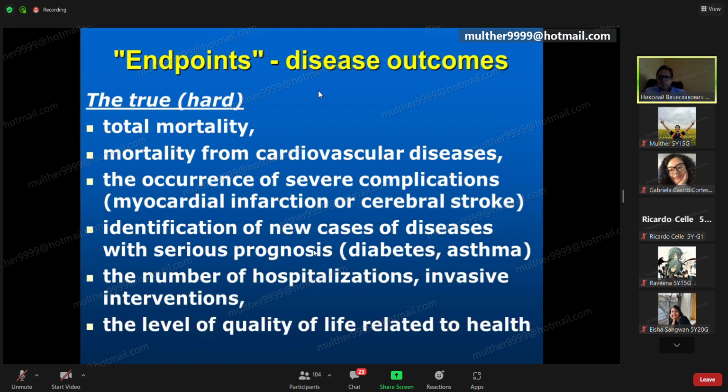One more serious or true endpoint is the identification of new cases of disease with serious prognosis, such as socially significant diseases such as very widespread diabetes, bronchial asthma, multiple sclerosis, and others.